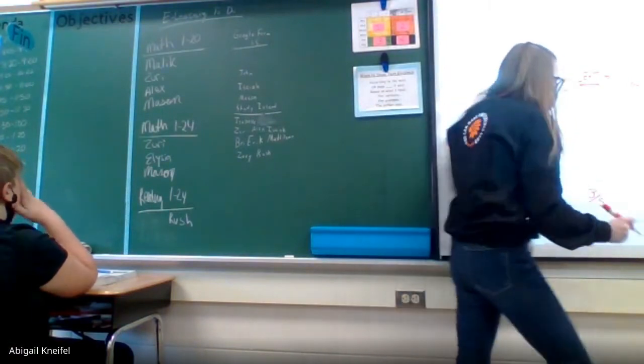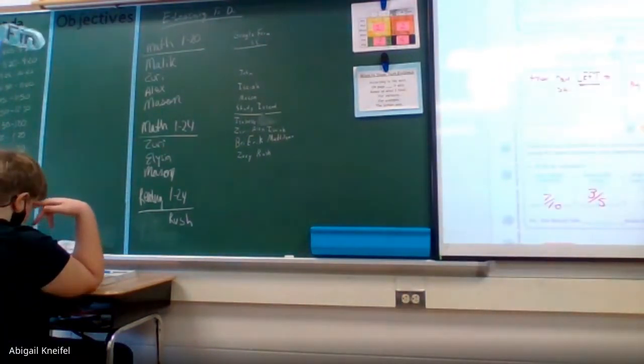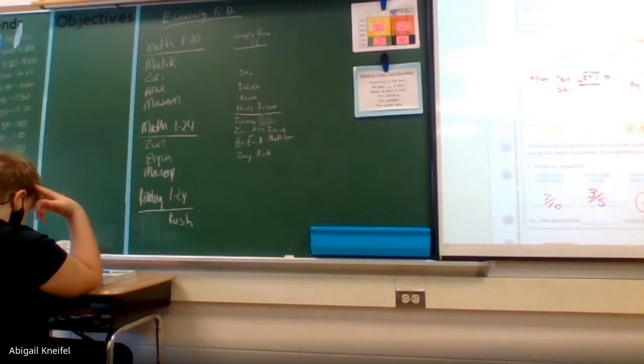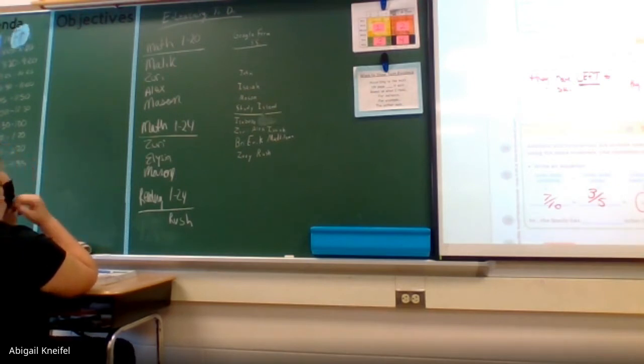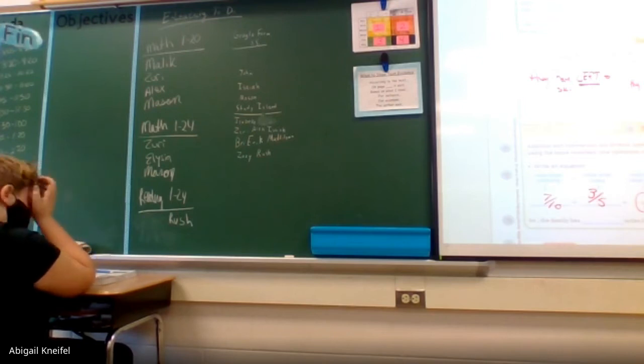Plus M. What is that M standing for? No, the M is not standing for multiply. What is that M standing for, Malik? The miles that we still need to ski. So it's getting a letter because it's an unknown number. And 7/10 plus 3/5 plus M, the miles that we still need to ski, is going to equal 4, our total distance.